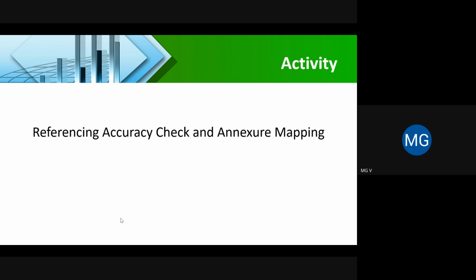Now, referencing accuracy check and annexure mapping. So what should be the steps? You can collect the references you have. Then you can reformat all into APA 7th edition using Zotero. Then create an annexure table containing three entries: questionnaire, raw data, and ethics certificate.